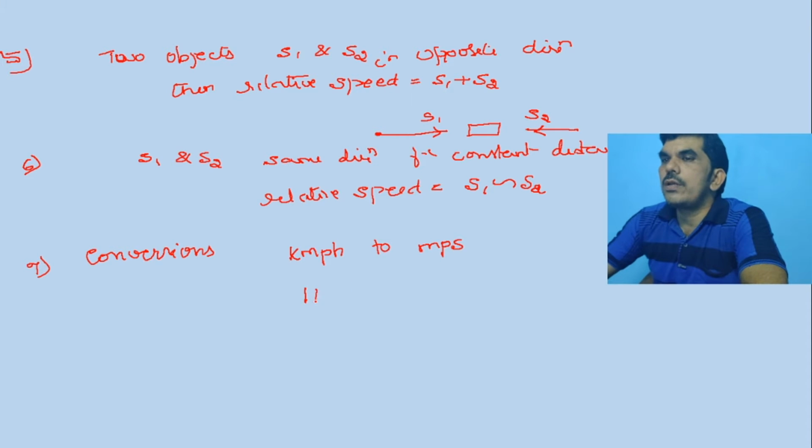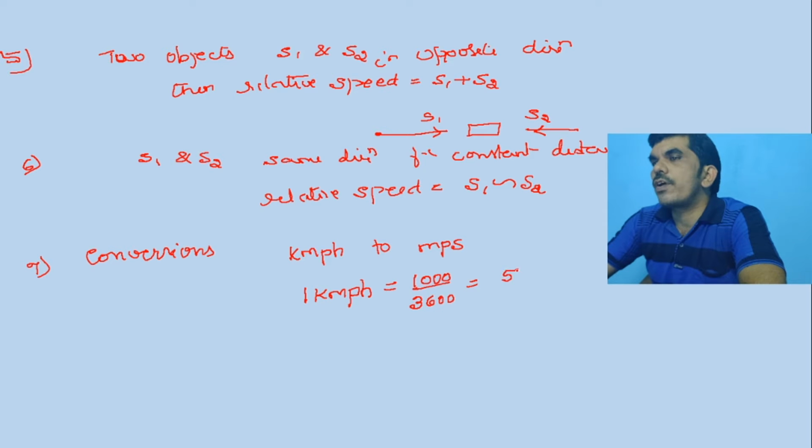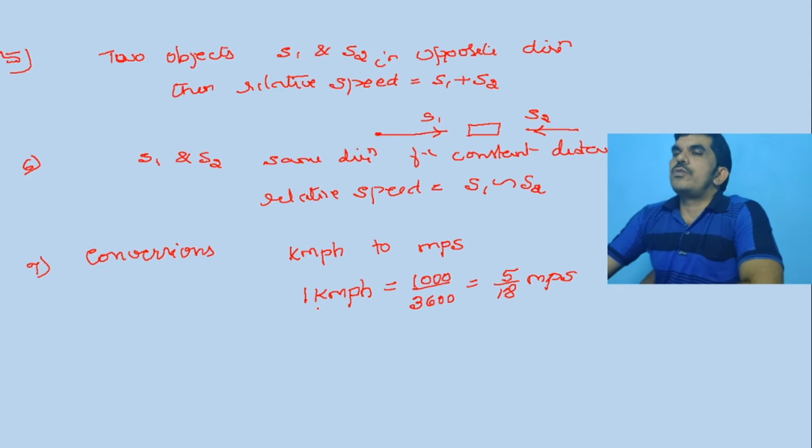So 1 kilometer per hour equal to 1 kilometer means 1000 meters, 1 hour means 3600 seconds. So it is 5 by 18 meter per second. So 1 kmph is equal to 5 by 18 meter per second.